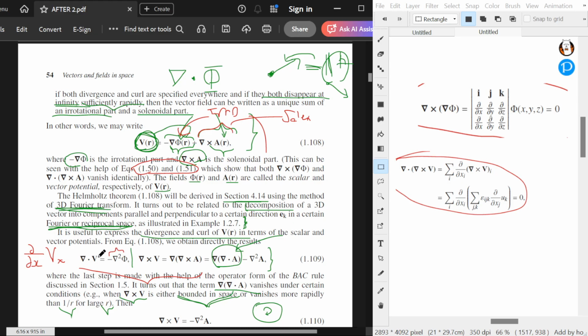Del dot V. Is there a secret del in here somewhere? It is useful to express the divergence and curl in terms of the scalar and vector potentials. Vector potential. Where did we get a second del? Del x Vx plus del y.